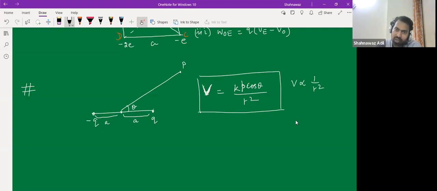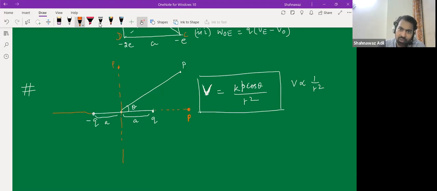Now let me again ask, for this dipole, what point is this?